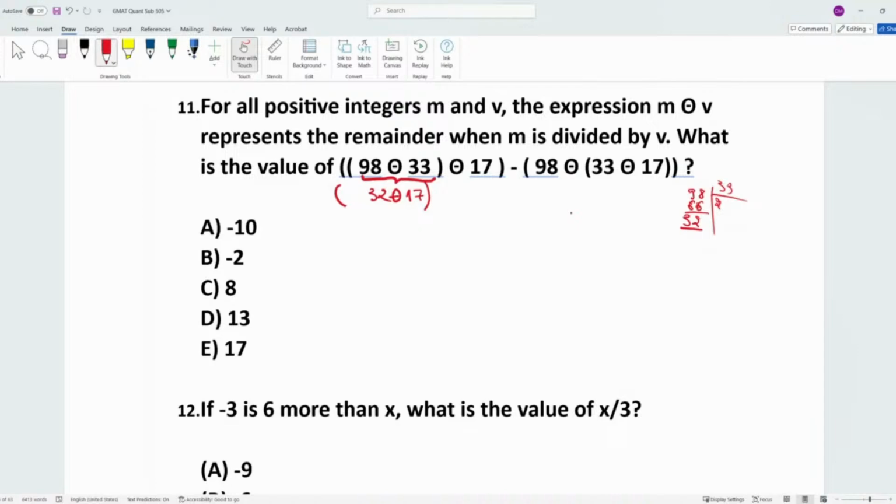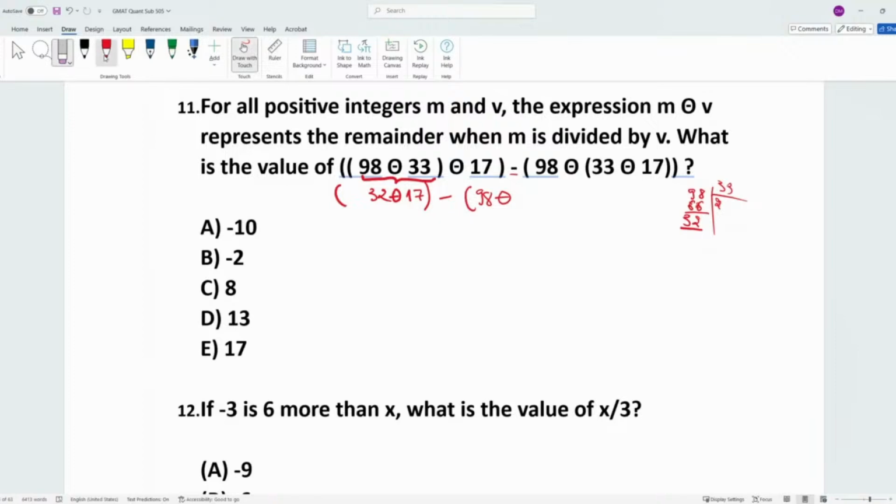Okay, so let's move on to here. So here we have the minus sign, and then we have 98. So we are going to, like I said, work on what we have inside the brackets. And then here we have 33 divided by 17.